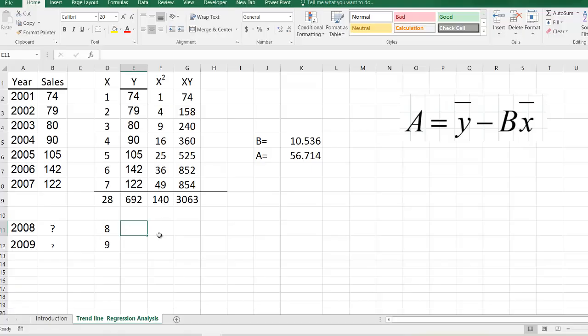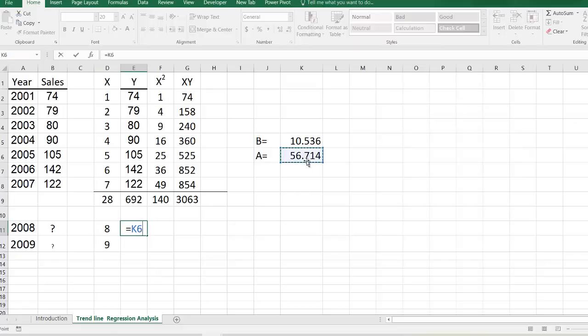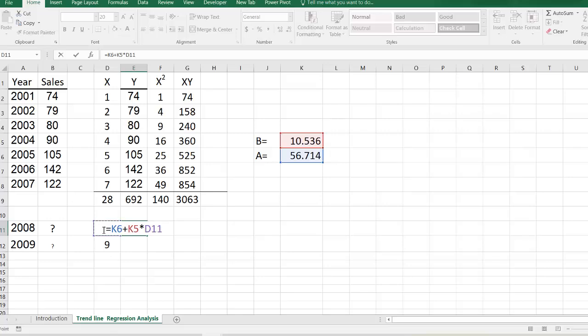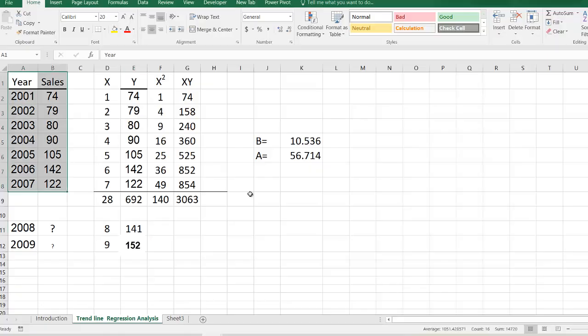So our forecast for 2008 is equal to a, which is 56.714, plus b, 10.536, times the corresponding time index of 2008, which is 8, located at D11. And our forecast for 2008 is equal to 141. And this is how we manually generate the values of B and A.